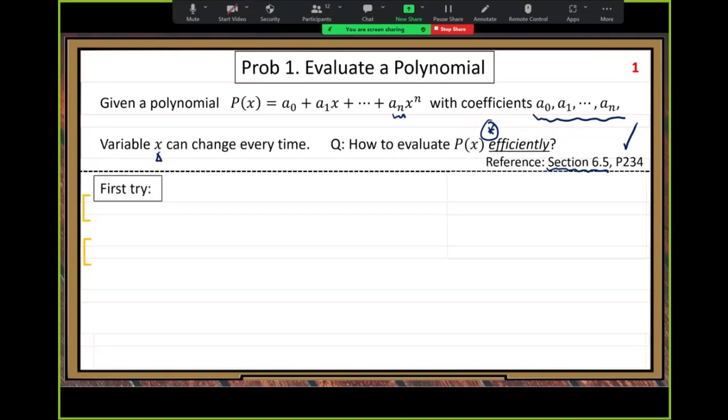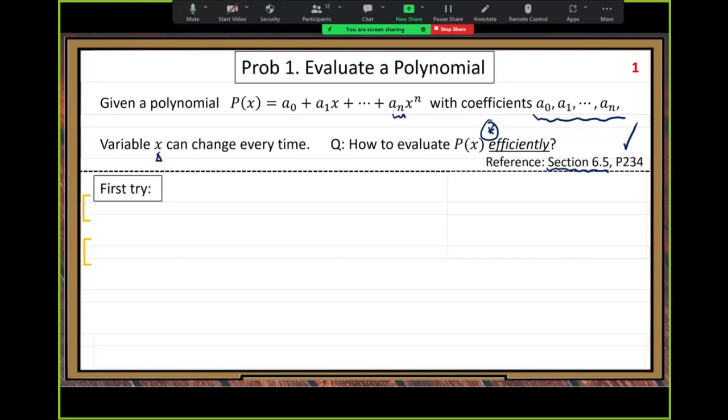First try. Before we have any idea solving this problem, let's just find a solution first. In our first try, we don't worry about if this method is efficient or not.